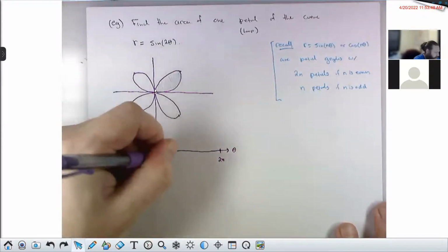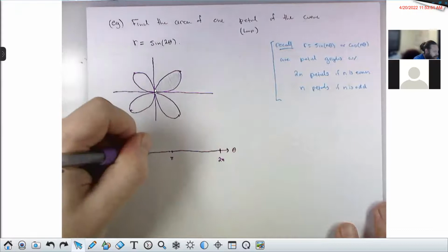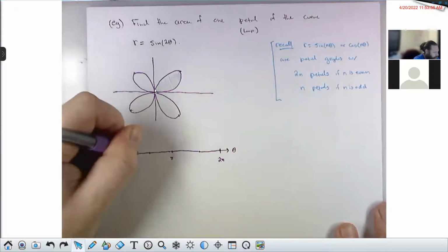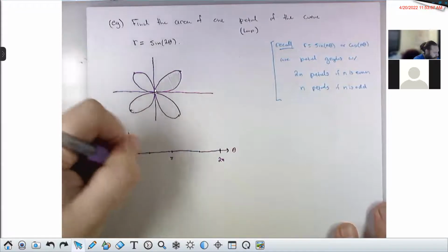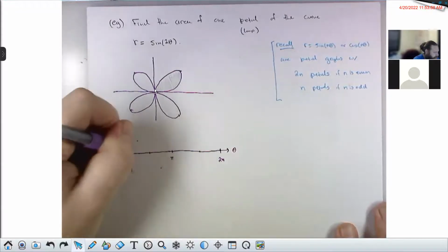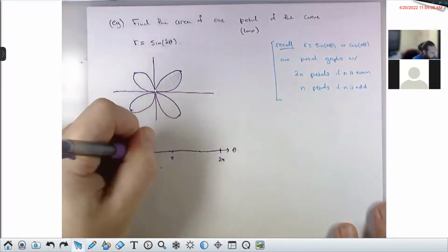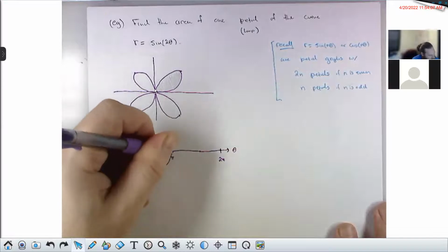Sine 2 theta is periodic with period pi. So we have to go through a full cycle for the sine function as theta goes from 0 to pi. The amplitude is 1.